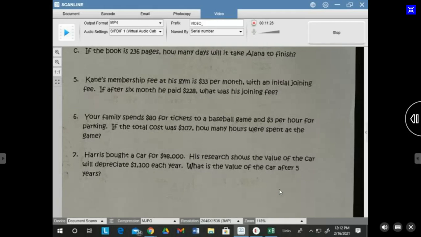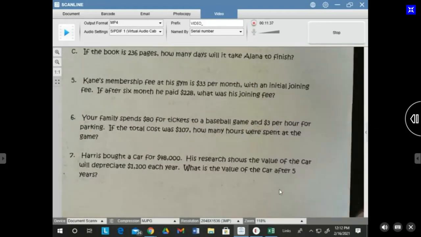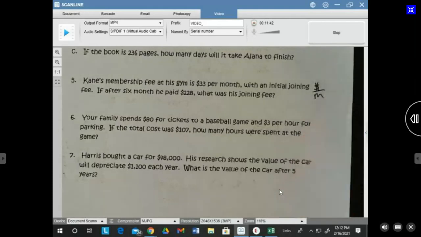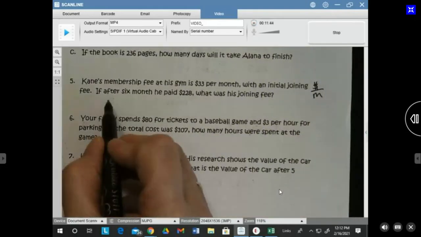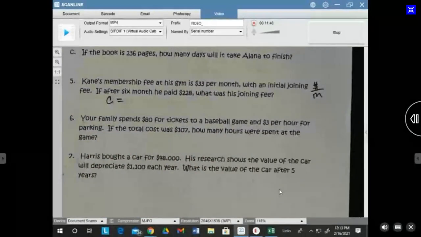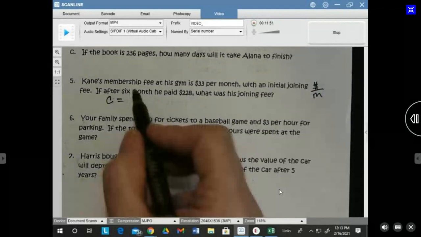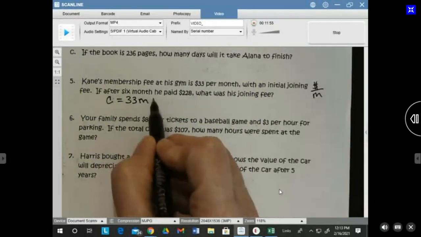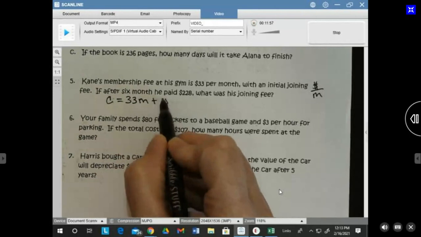If after 6 months he paid $228, what was his joining fee? What are my 2 variables, guys? Okay, dollars per month. So my cost is dollars equals how much is it every month? What's my rate? So 33 times M plus my joining fee.